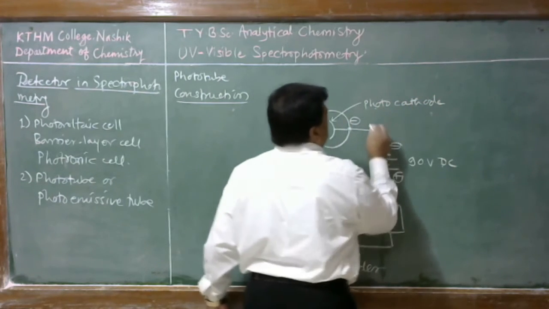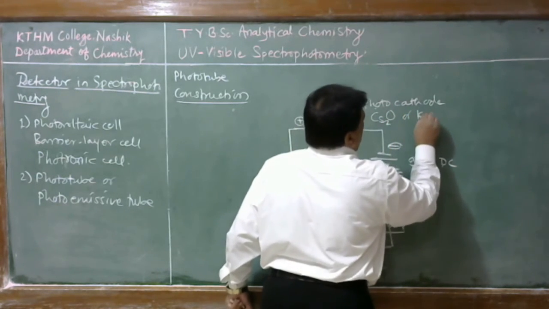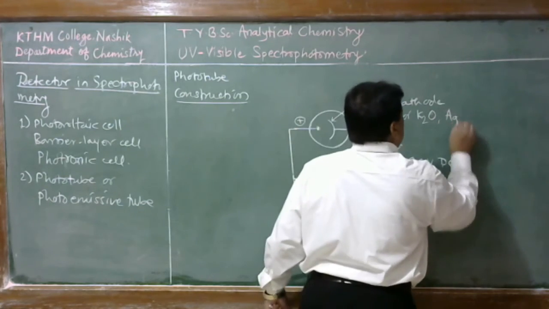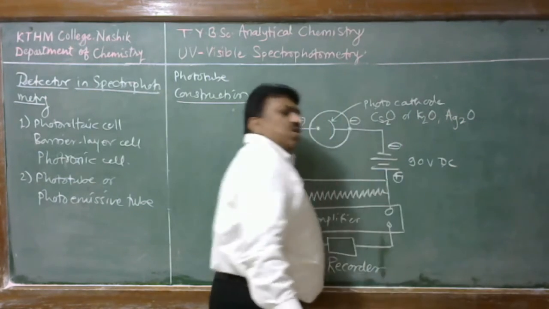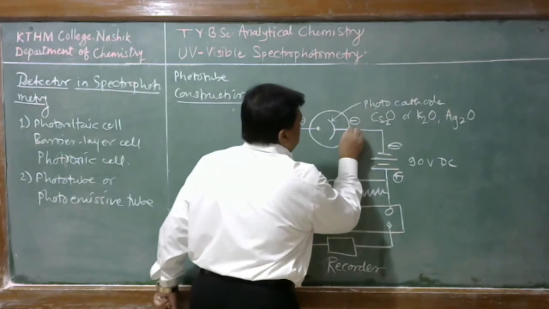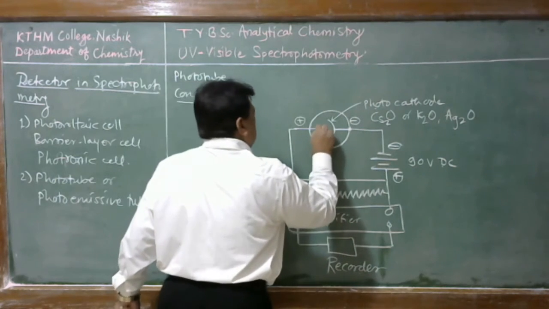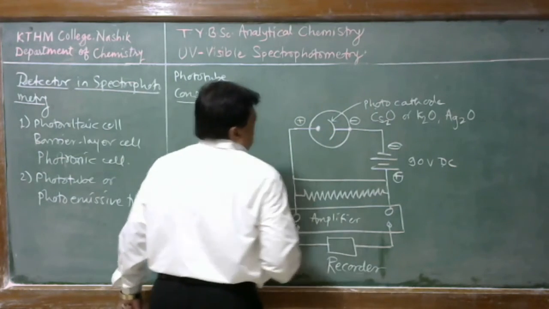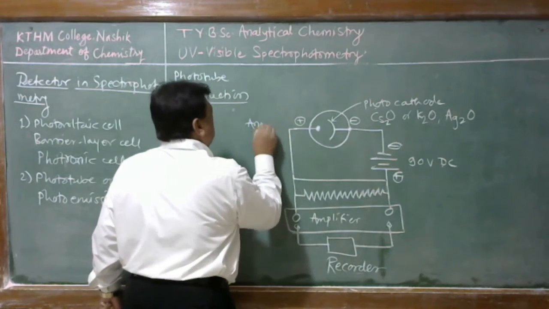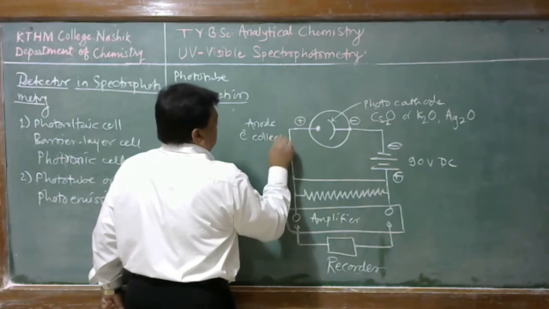The photocathode is coated with a material like cesium oxide, potassium oxide or silver oxide. Any one of these oxides is coated on this cathode, and here this is the anode, that is the electron collector.